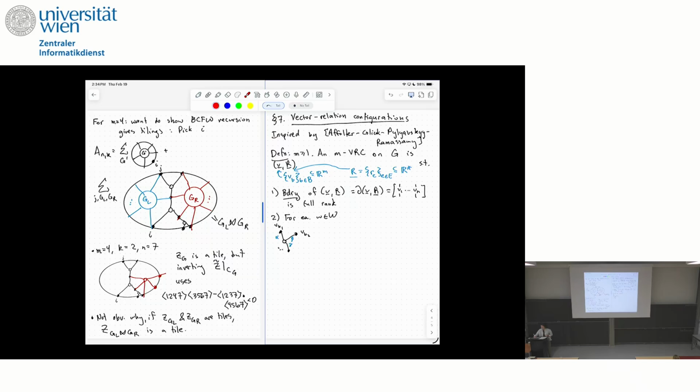So if I take the linear combination alpha v_b1 plus beta v_b2, etc., that has to equal 0. So the white vertices are imposing relations. For each white vertex w, if I sum over the edges that include w, those coefficients decorating those edges times the appropriate vector has to be equal to 0. That's what a vector relation configuration is.